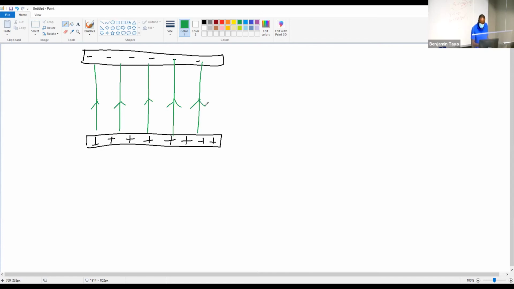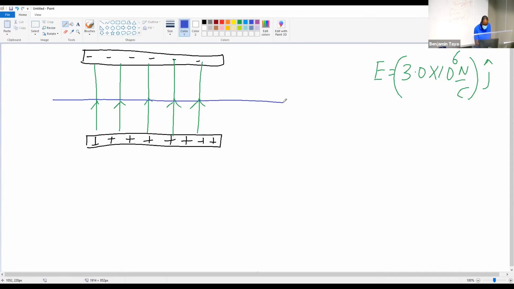The problem tells me that the electric field again is uniform. That's 3.0 times 10 to the power 6. This time around it's pointing in the J direction. Now I'm going to go ahead and add, so let's say that this line is my x-axis, it's my I direction. And this is my J direction.